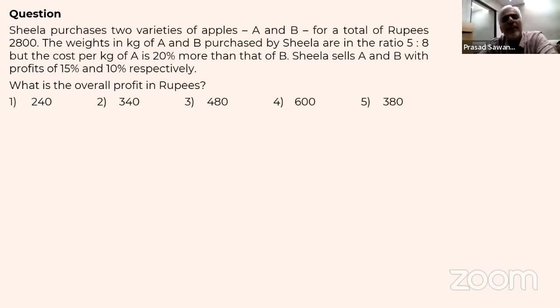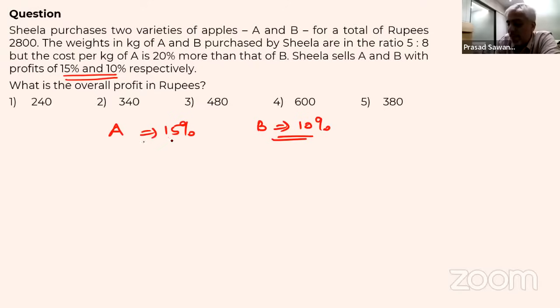Let's think very, very smartly. Forget everything else and come only here. Profit on A is 15% and profit on B is 10%. That means my final profit will definitely be between 10 and 15. Cost price is 2,800. How much is 10?